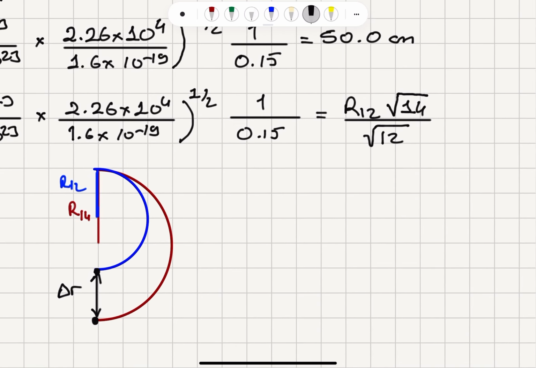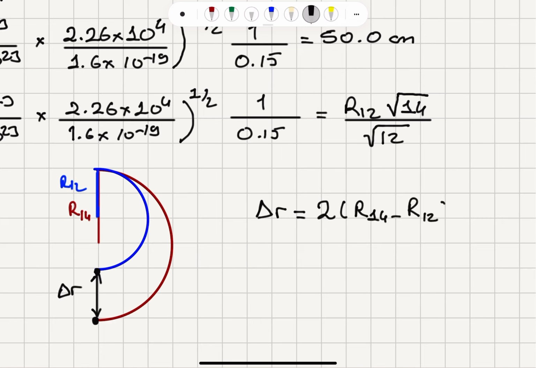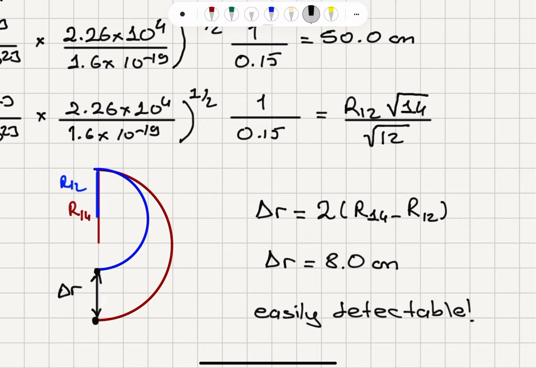From this simple drawing, I can see that delta r is twice R14 minus R12, which gives delta r equal to 8.0 centimeters, easily detectable. So we can easily distinguish these two ions.